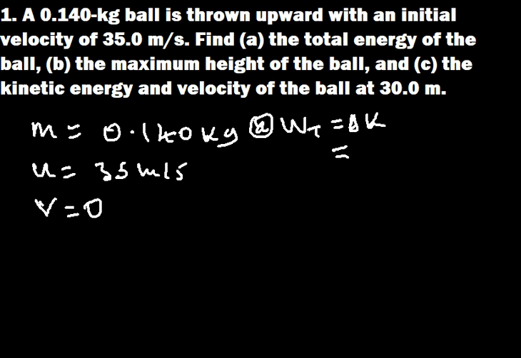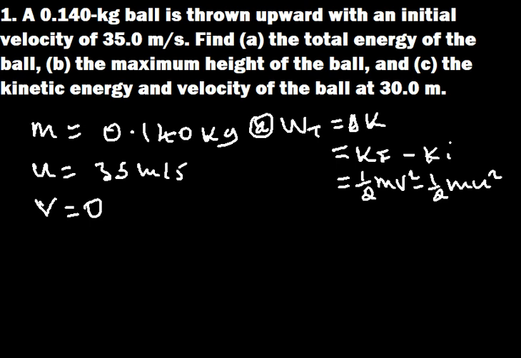The total work done will be given as the final kinetic energy minus the initial kinetic energy. What is the final kinetic energy? We have it as half mv squared minus half mu squared.